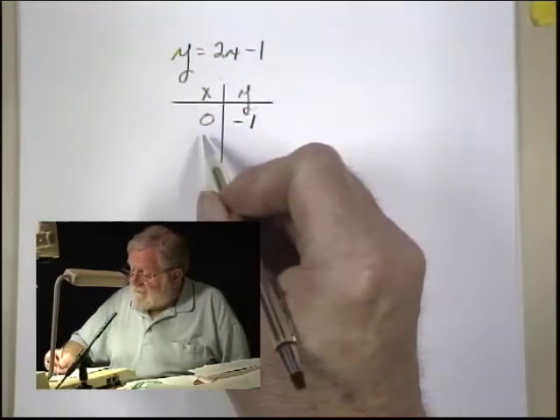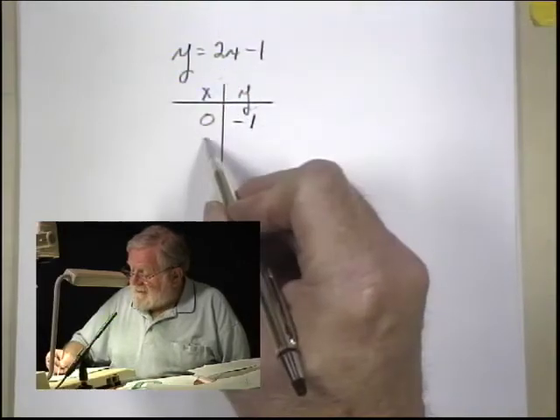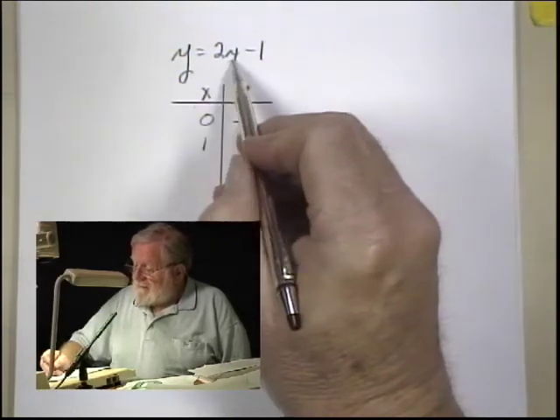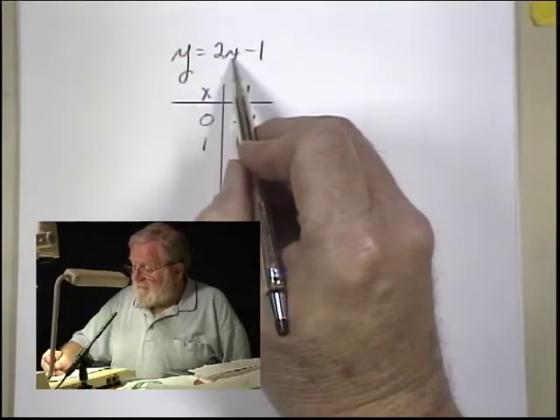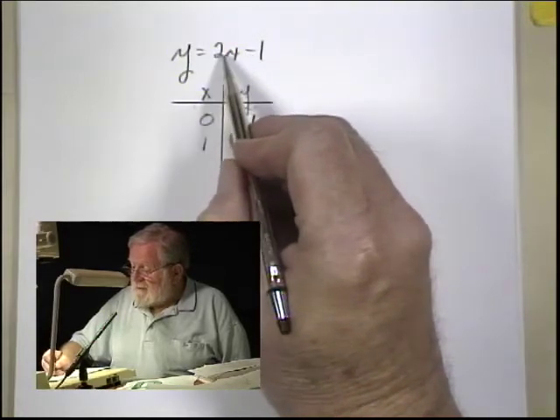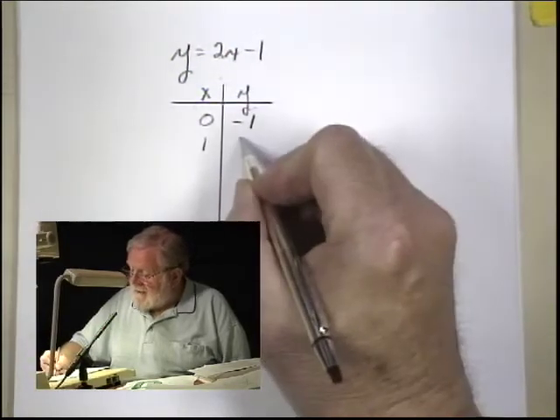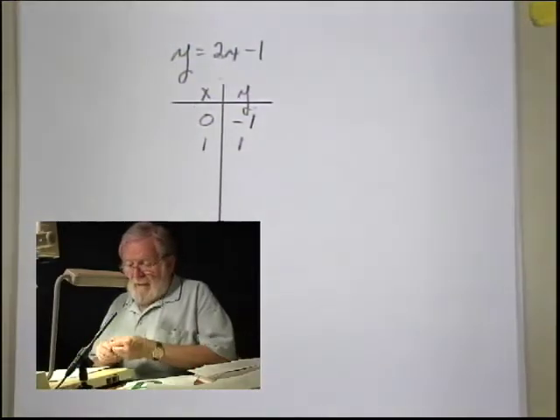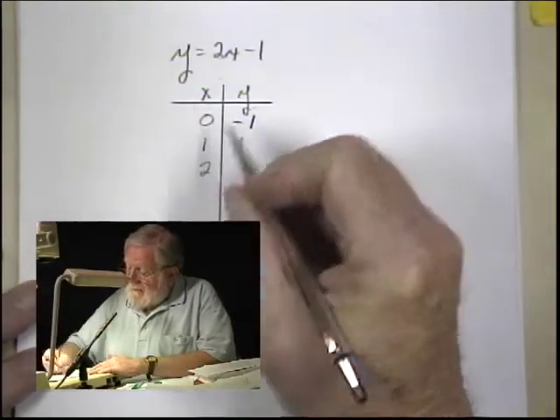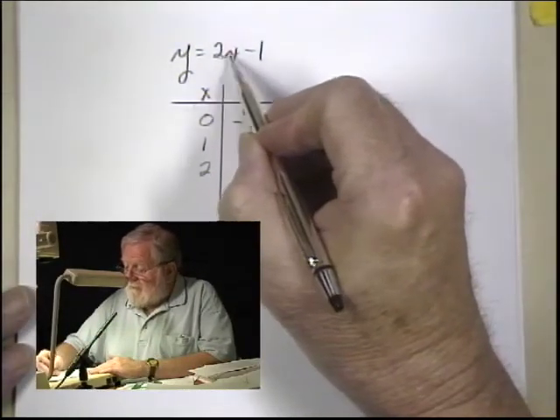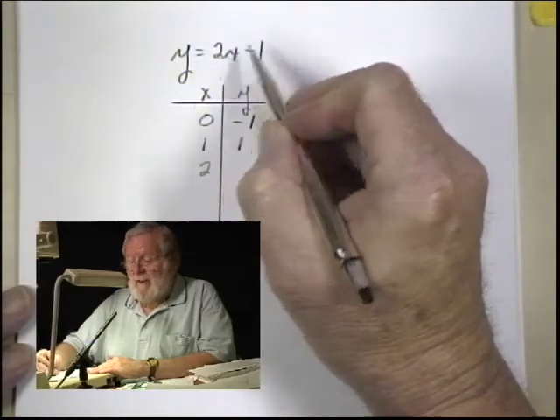And we'll assume x equals 1. So if x equals 1, we'd have 2 times 1 minus 1. 2 times 1 is 2, minus 1 is 1. X equals 2. We'd have 2 times 2, which is 4, minus 1 is 3.